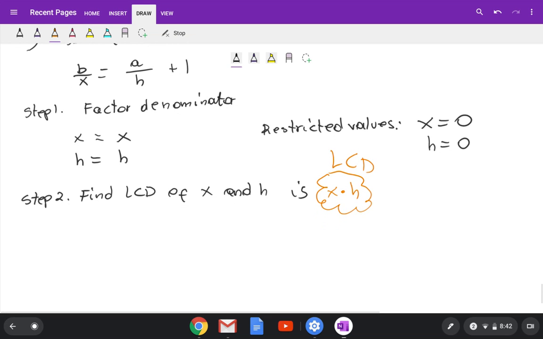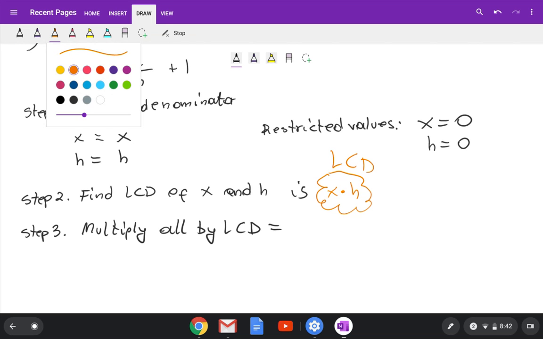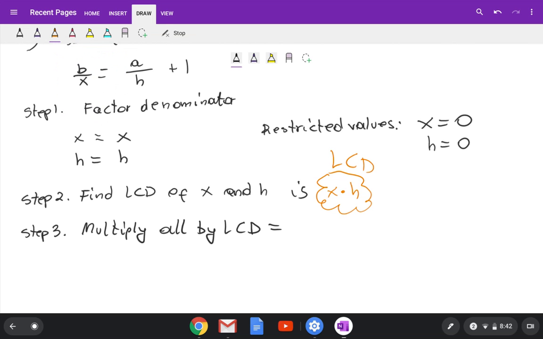So step 3, multiply all by the LCD, which is x times h.